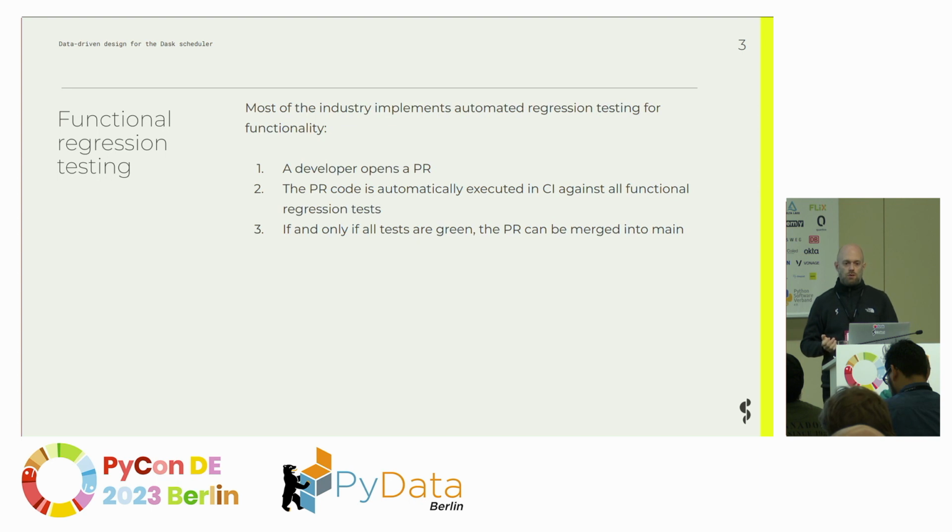Is the output what we expect? Yes, green light, no, red light. And only when you have a green light, you can go to the next step, which is code review and possibly merge into main.